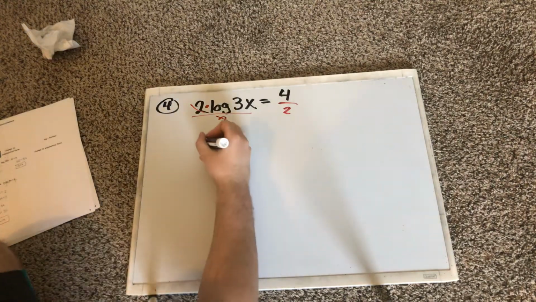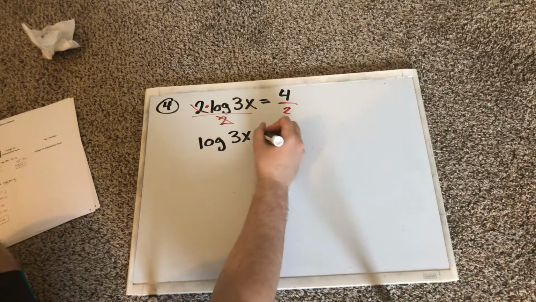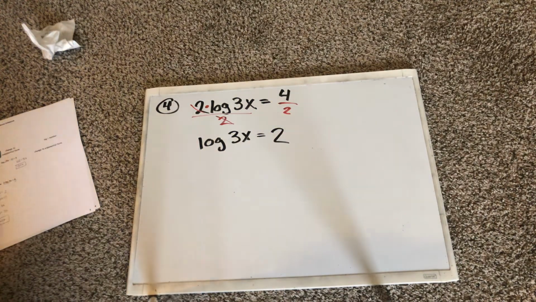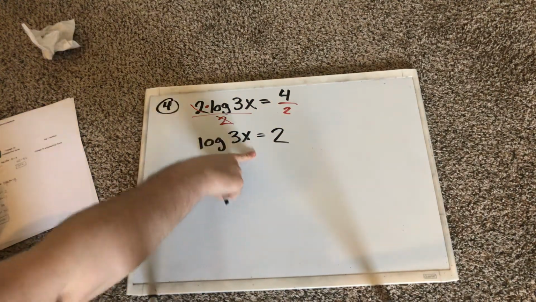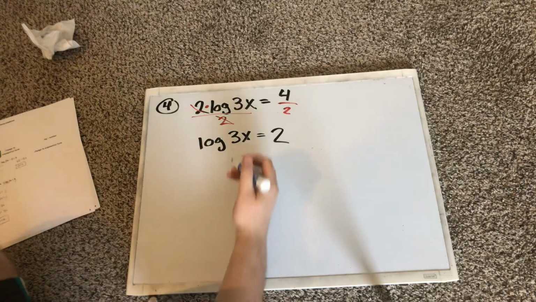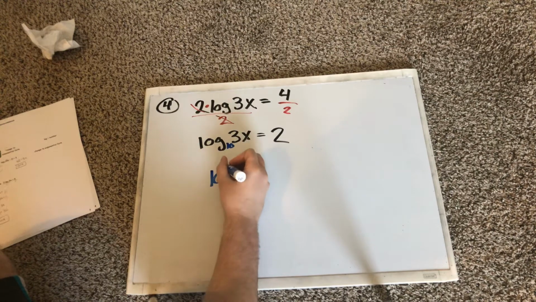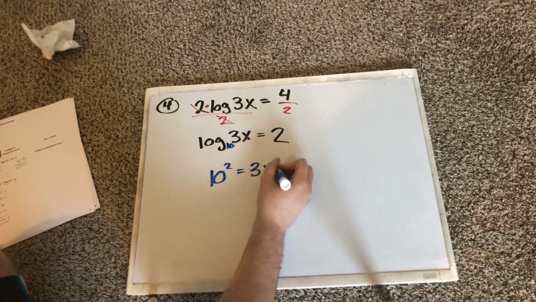And we have log 3x is equal to 2. So I got an equal sign, I got a log here, but no log here, so we have to change to exponential form. And if we remember, when you don't have a base, you have to assume that the base is 10. So I can write this as 10 squared is equal to 3x.